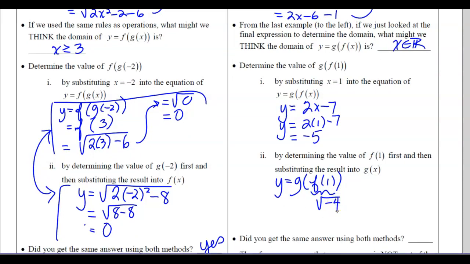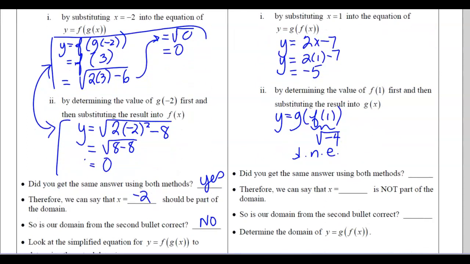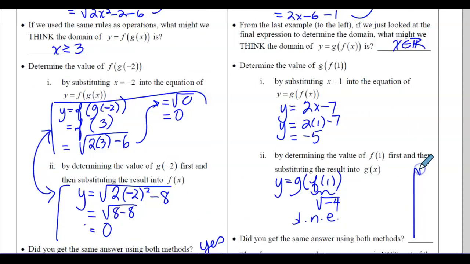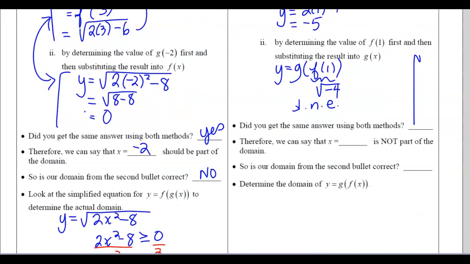Can't do that in the real number system. So this does not exist. So do you get the same answer? No. Therefore, we can say that x equals 1 is not part of the domain. So is our domain from the second bullet correct? No, because we said all real numbers.